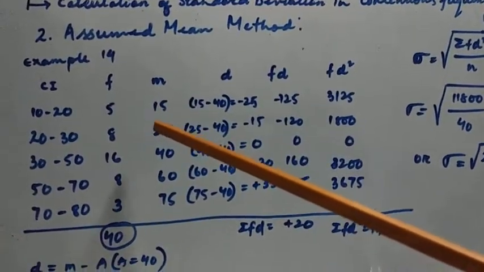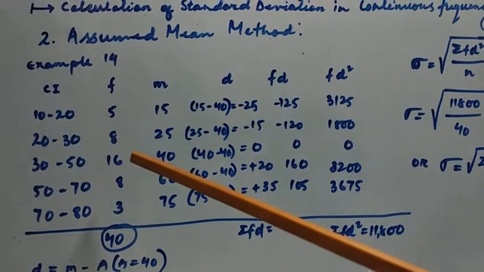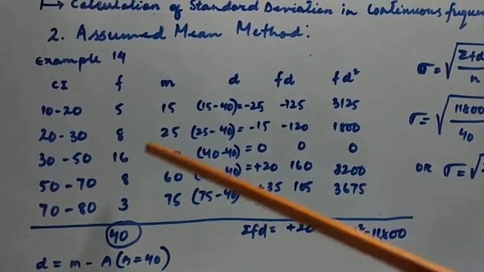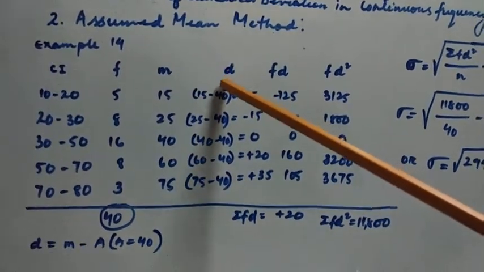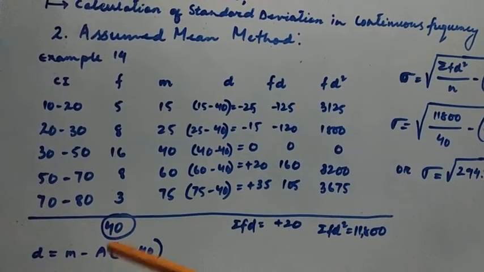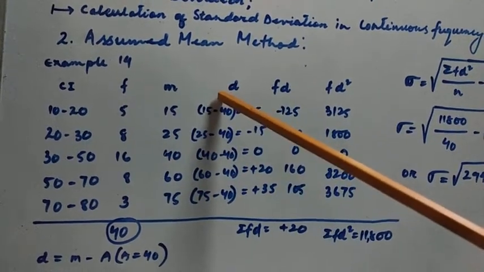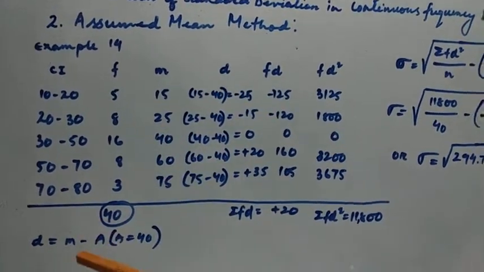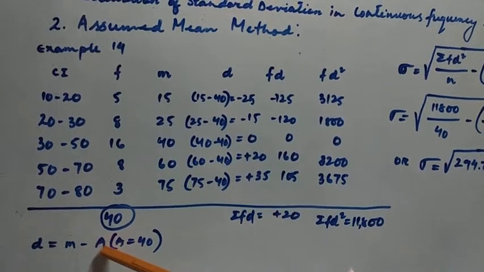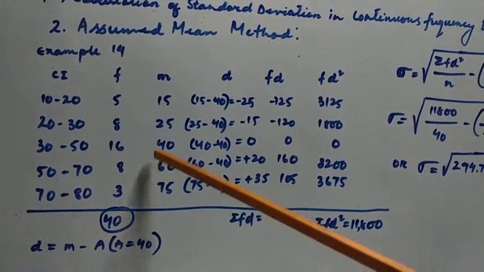After that, the next step is to calculate deviations of midpoints from an assumed mean. So find D. Since it is the assumed mean method, our assumed mean is 40. D can be found by M minus A, where M is the midpoint and A is considered to be 40 here.